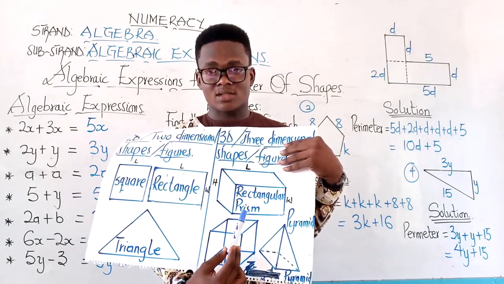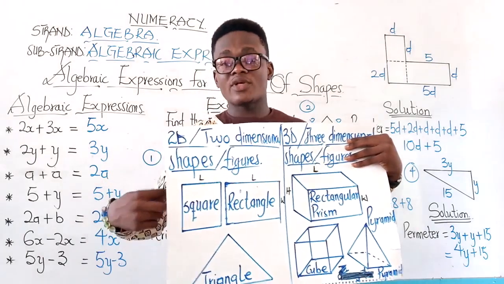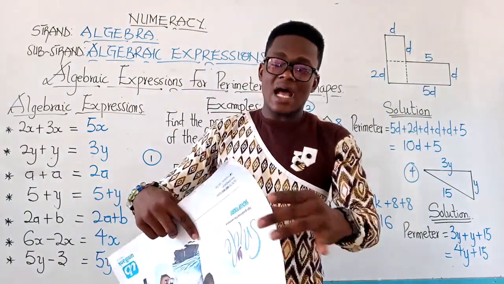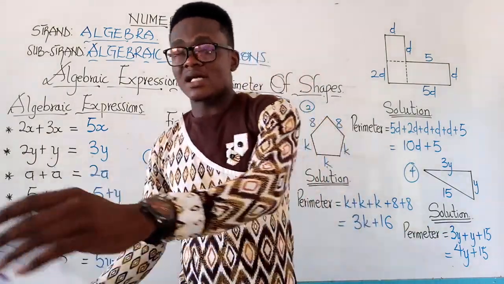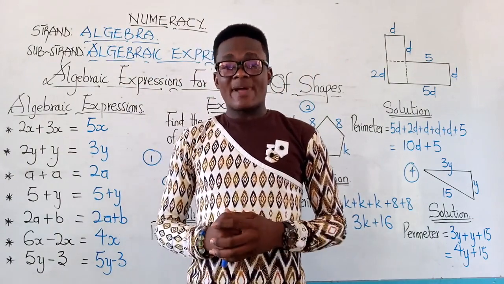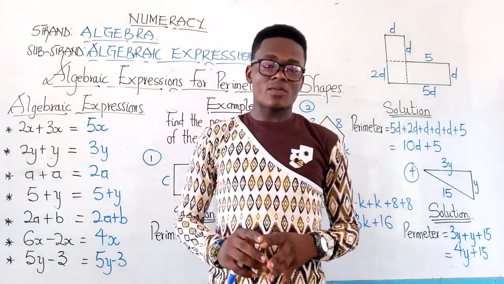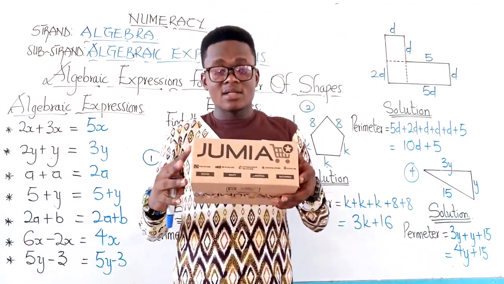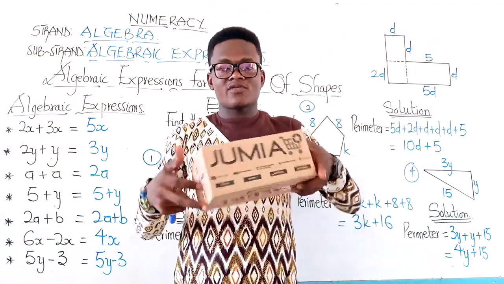These make them three-dimensional objects. But basically we are looking at perimeter. We said a perimeter is the path or distance or the boundary around a two-dimensional object. Let me quickly show you a real three-dimensional object over here.